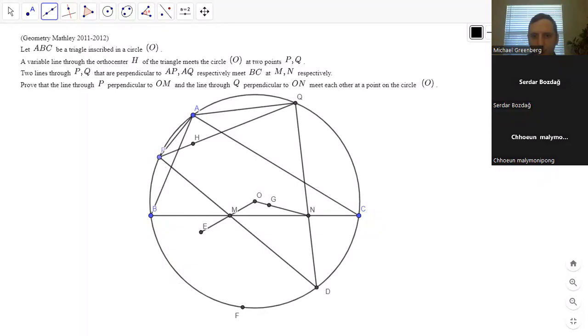Okay, so interesting. We want to show that PE passes through the anti-Steiner point.